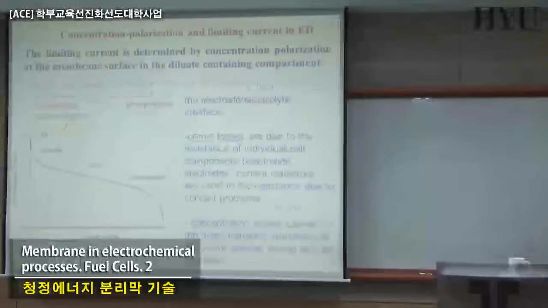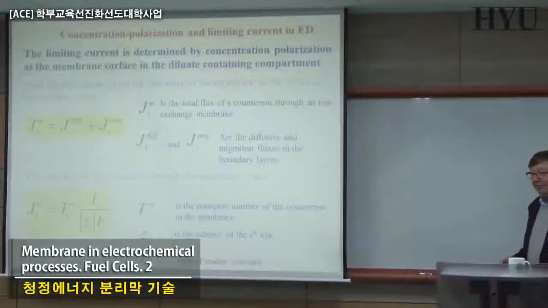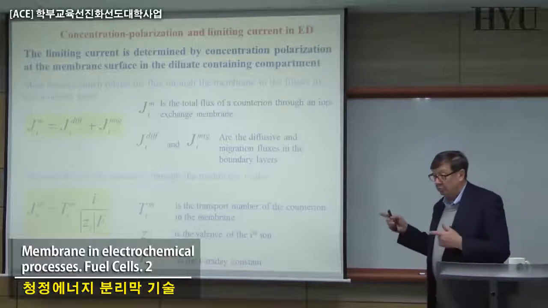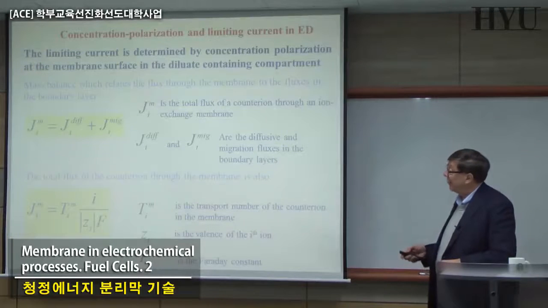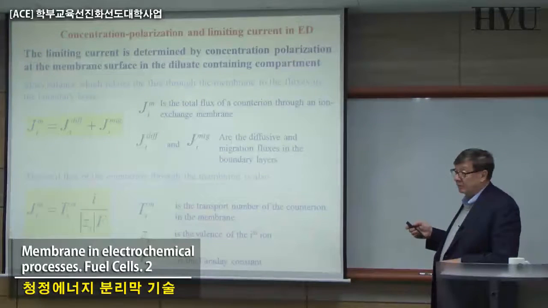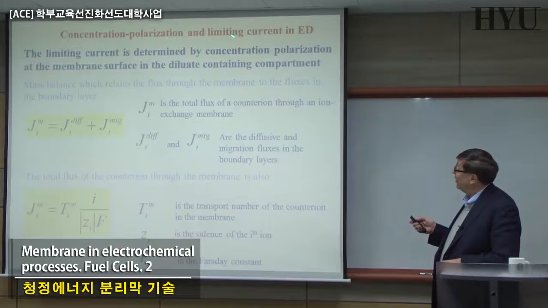One more problem that we have, which is related basically to the concentration polarization phenomena, is the fact that in the fuel cell we always have a limiting current that we have to consider.